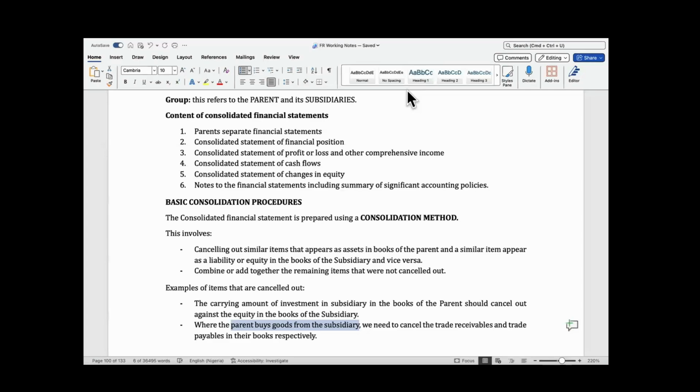Consolidation is so easy. You see, for the FR guys, before now, consolidation used to be the compulsory question as number one. I said, okay, why? Because they will ask many adjustments and all of that, as if it's that important. No, it's not. In real life, hardly would you see people do consolidation in their various offices.